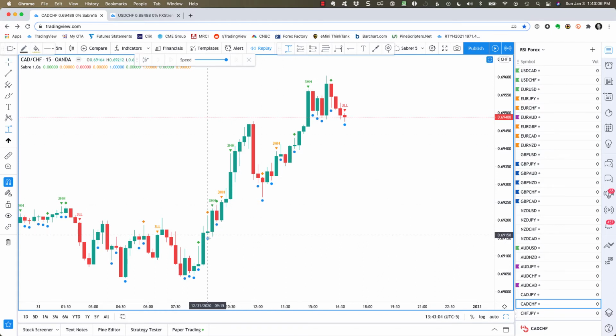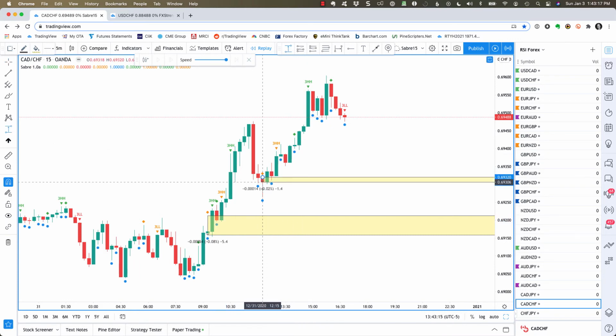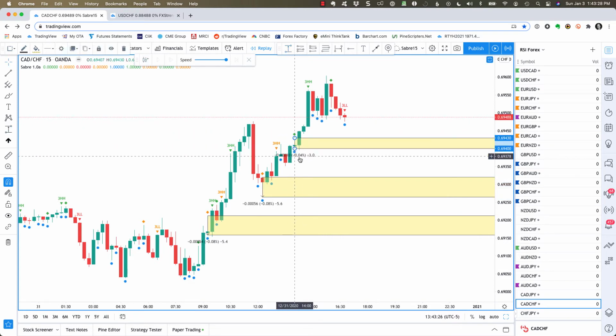This level made itself known at 9:45, and price never retraced. Then this level formed at 1 p.m., and price never came back into our zone. Here we had another Sabre level, and price didn't retrace into the zone.